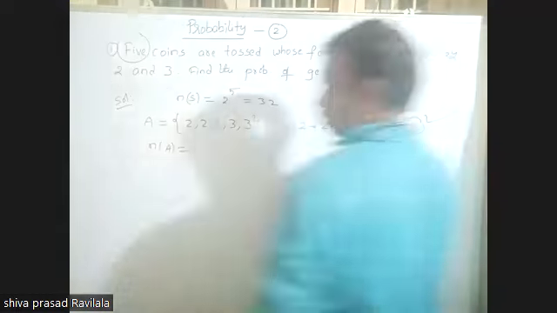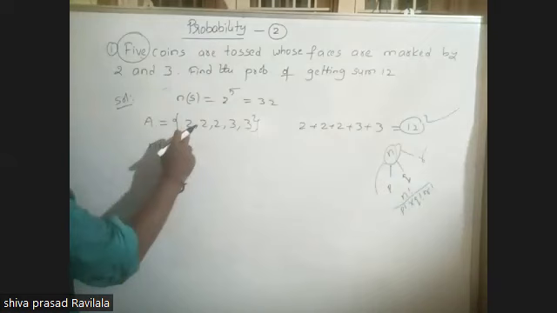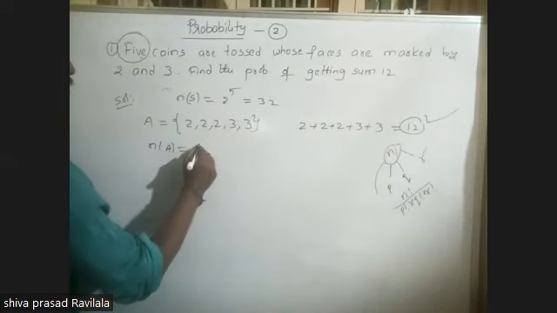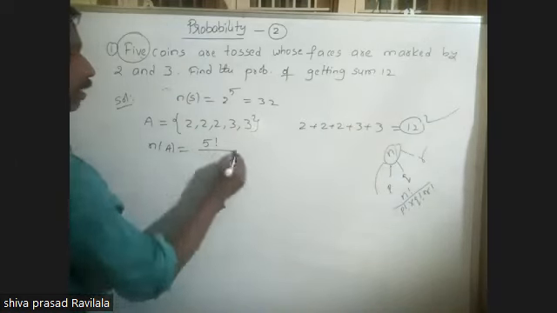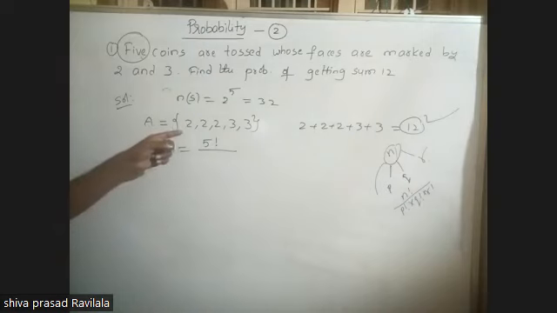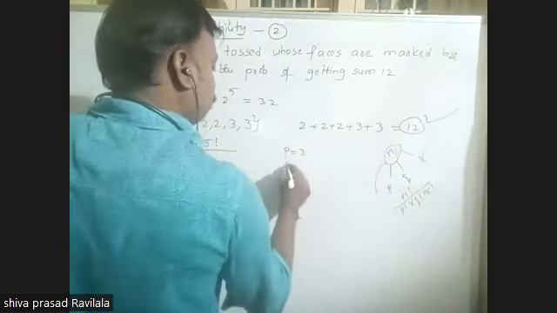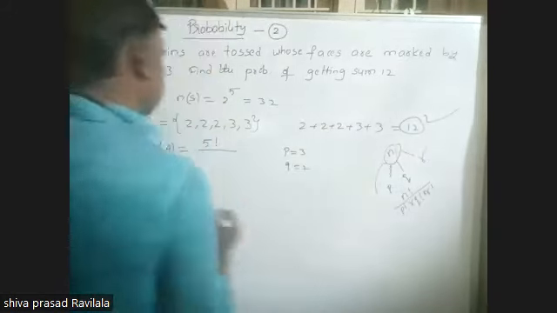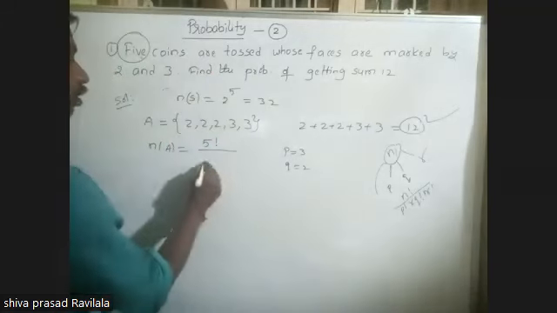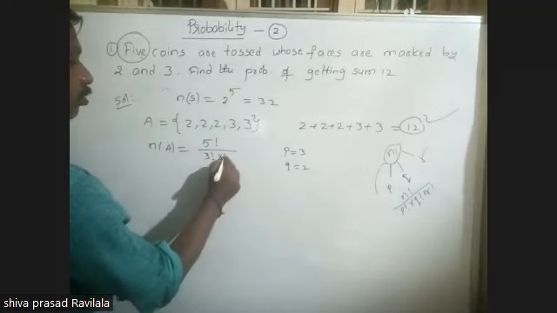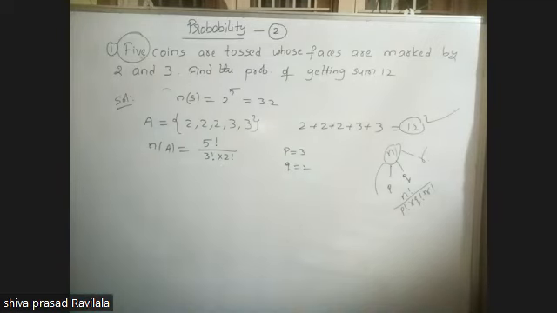Here also, N of A is equal to, total objects, how many? 1, 2, 3, 4, 5. That is 5 factorial, divided by how many 2s? P is equal to 3 and Q is equal to 2. Therefore, P factorial into Q factorial means 3 factorial into 2 factorial.